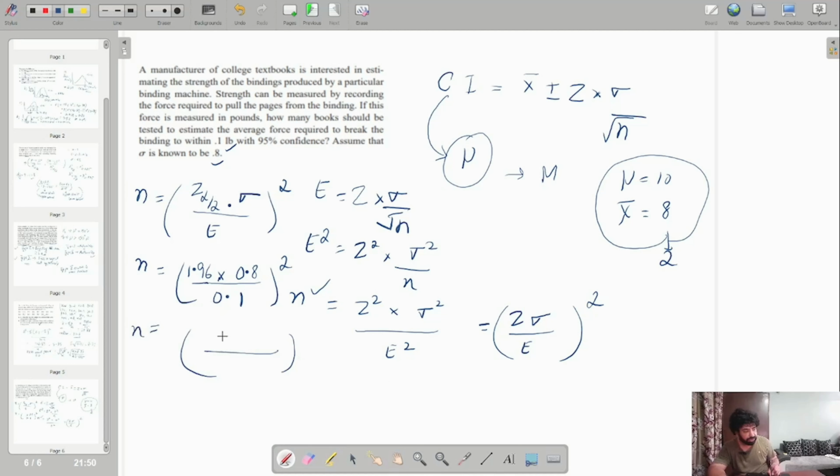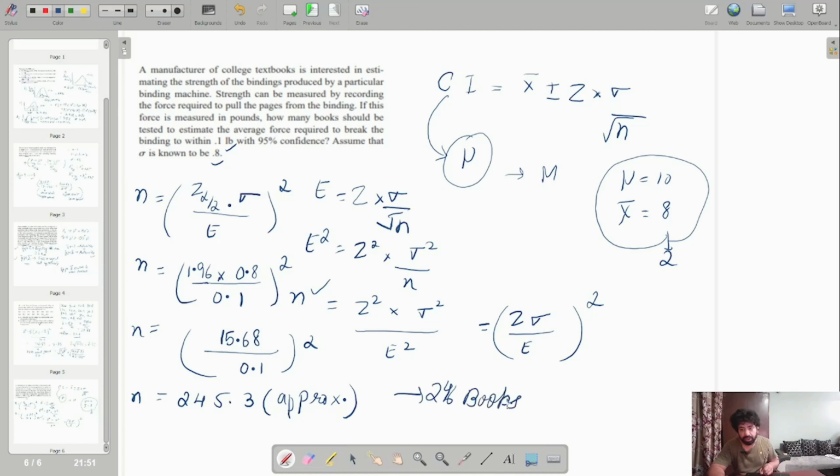It comes out to be 15.68 divided by 0.1 squared, and once you solve it, n should come out to be 245.3 approximately. So I can conclude that he needs to get 246 books, and these should be tested to estimate the average force required within the margin of error of 0.1 lb at the confidence level of 95%.